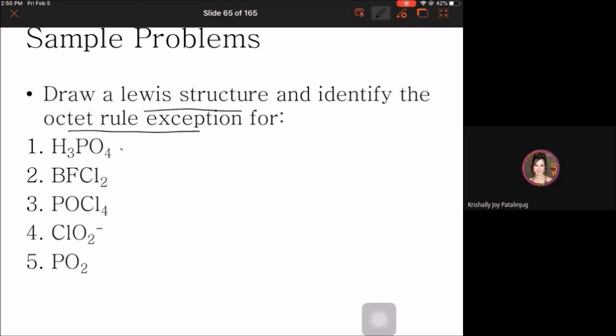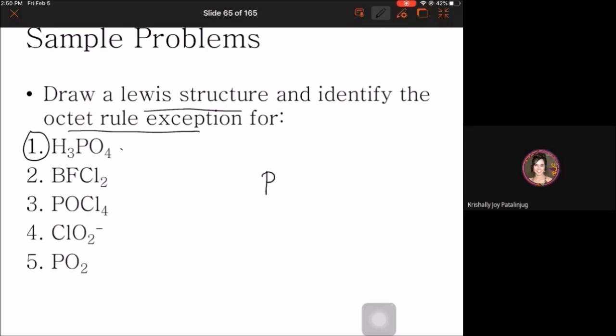So let's start with sample 1. For phosphoric acid, the central atom would be phosphorus.